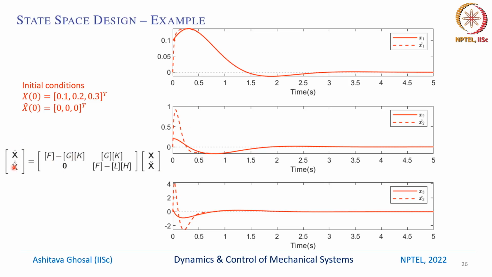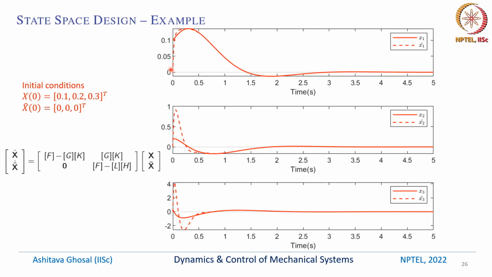So there are six differential equations. Remember, x is 3 by 1, and x tilde will also be 3 by 1. We can solve all of them with these initial conditions, and then we can plot x1 and x1 hat, x2 and x2 hat, and x3 and x3 hat.